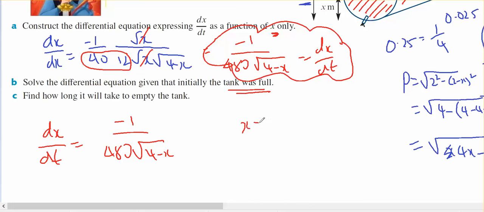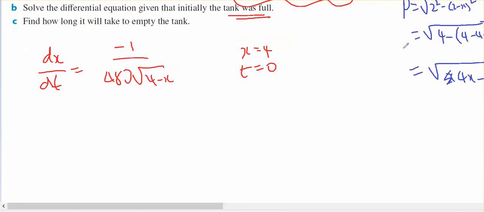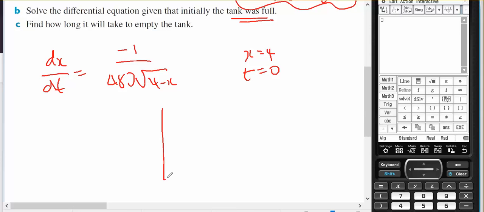So x equaled 4 when t equaled 0. Because when it's initially full, that means that the depth of the water will be 4. Okay, so this will be x and this will be t. So t will be the independent variable and x will be the dependent variable.